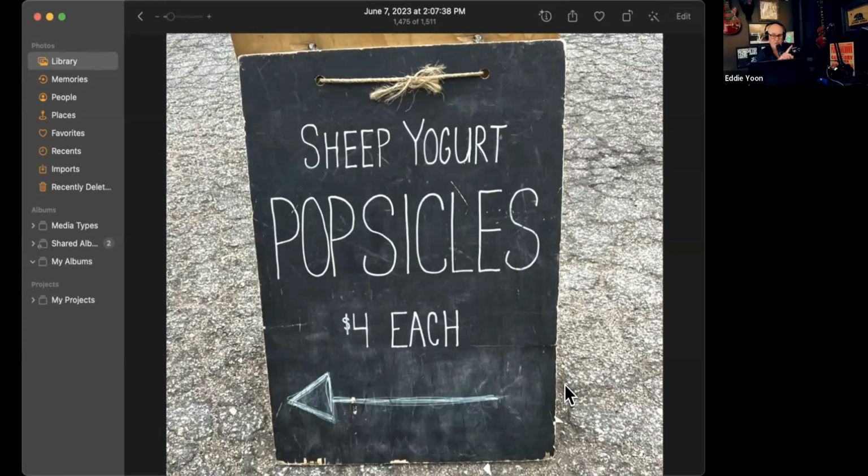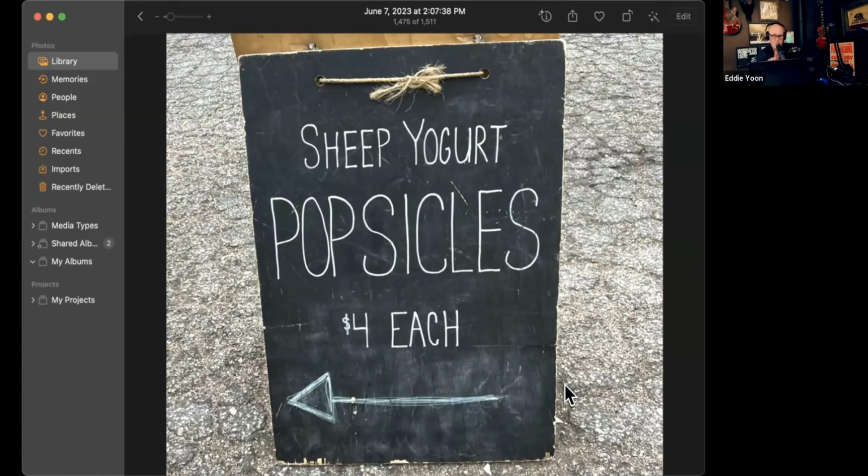Now let's break down why. It's important to note what's there, and it's also important to note what's not there. So the biggest not there that's noticeable is there's no brand or company name on this sign. So what is on this sign?